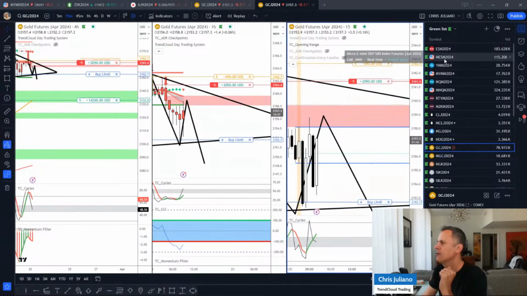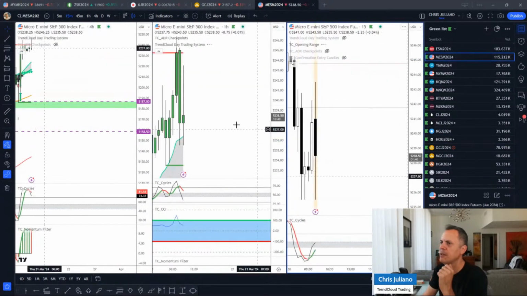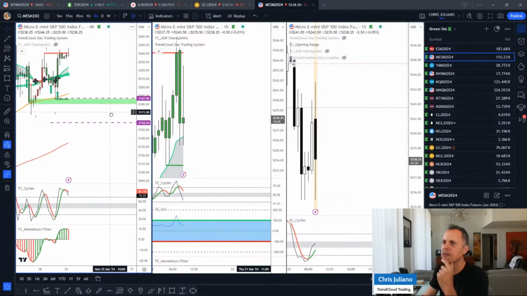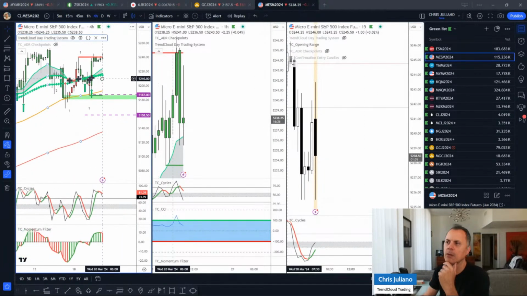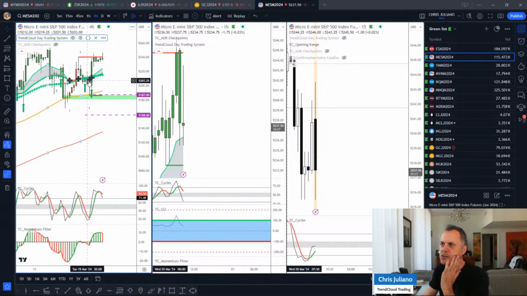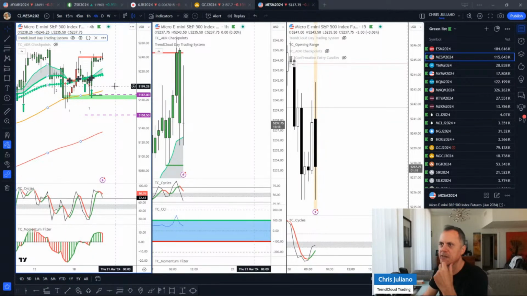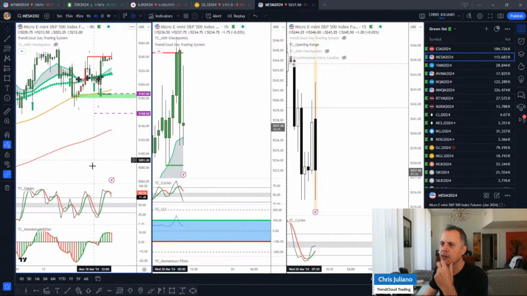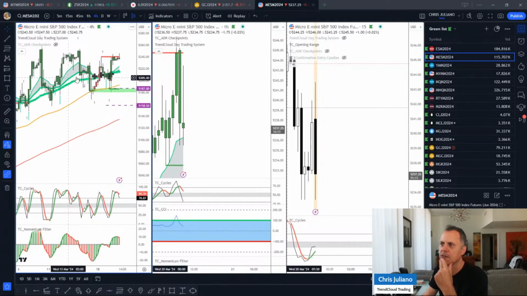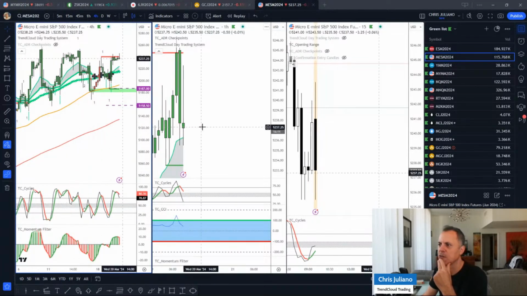Let's check out S&P. Check out the S&P here. Sideways, right? When you see your trend cloud signals, when you see the trend cloud crossovers like that, those black plus signs, when they are lined up and squished together like that, very easily you can say, okay, sideways movement.